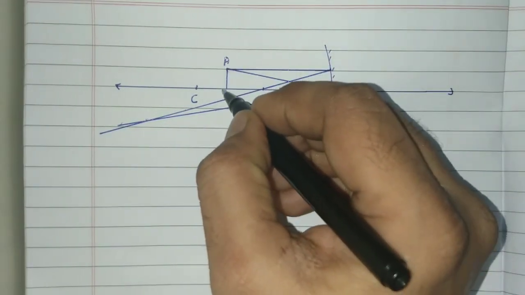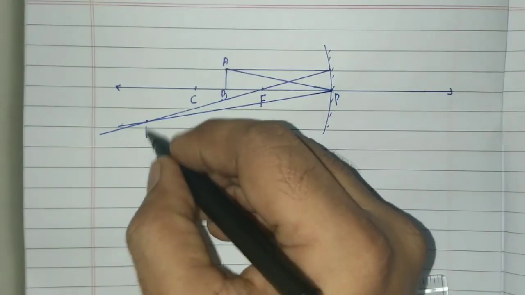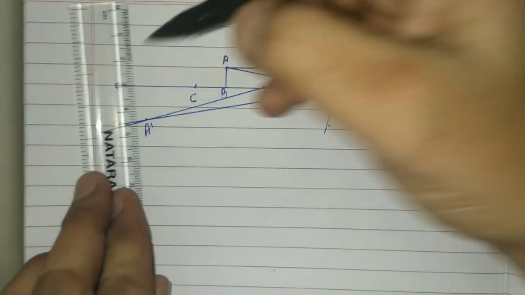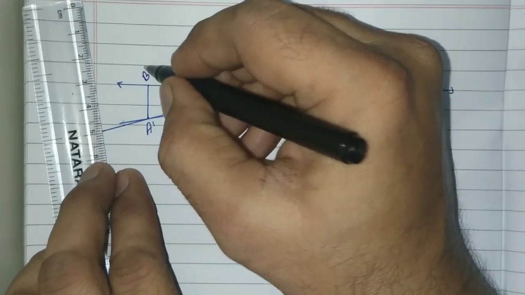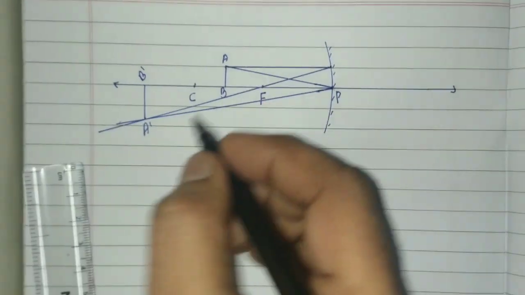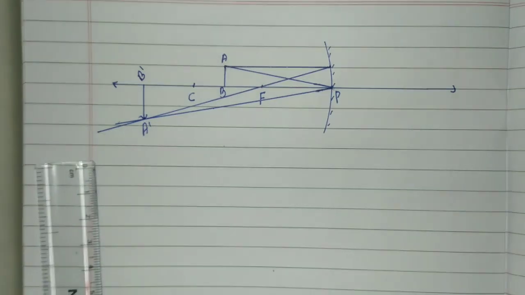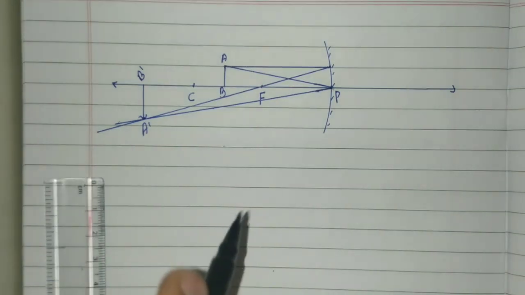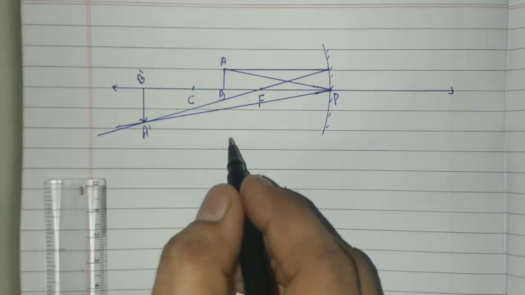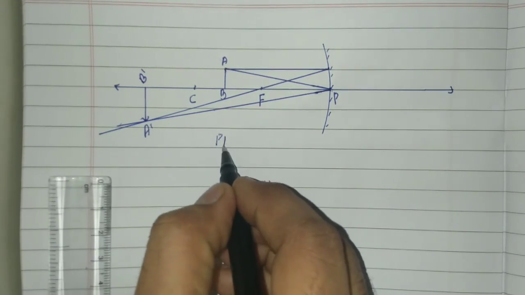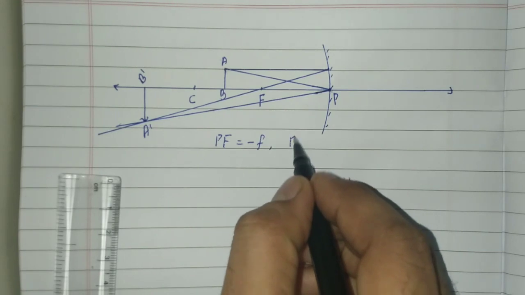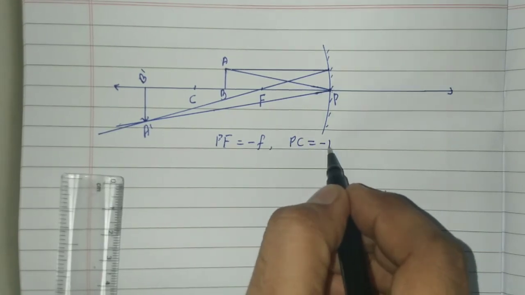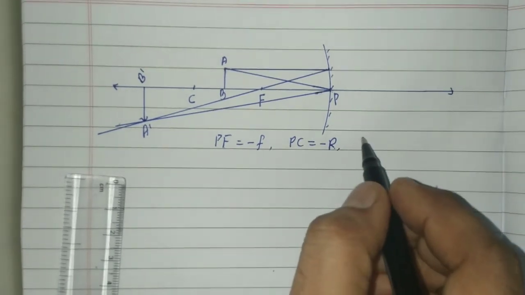This is object AB and the image of the point A is A dash, and this is the image A dash B dash of object AB. The image is real and inverted. Now here PF is the focal length which is equal to minus f according to sign convention. PC is the radius of curvature which is equal to minus r according to sign convention.